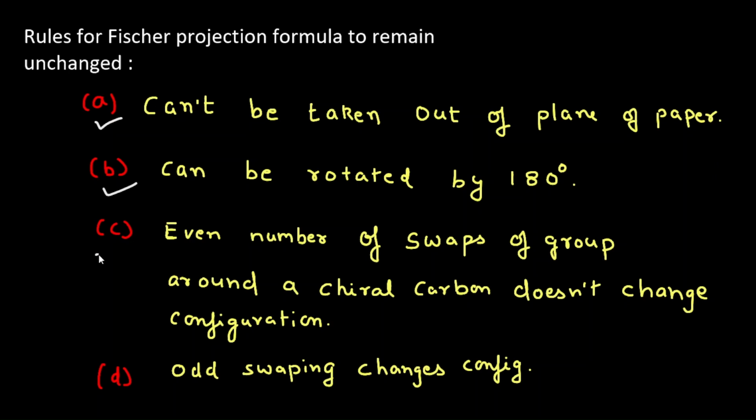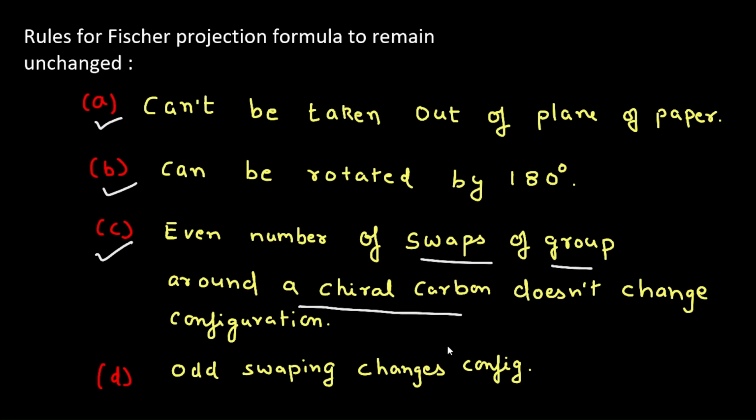The next thing is, if there is a chiral carbon, you can swap the groups associated with that chiral carbon an even number of times. For example, you can swap 2 times, 4 times, 6 times, 8 times, and it will keep the configuration intact and will not change it.